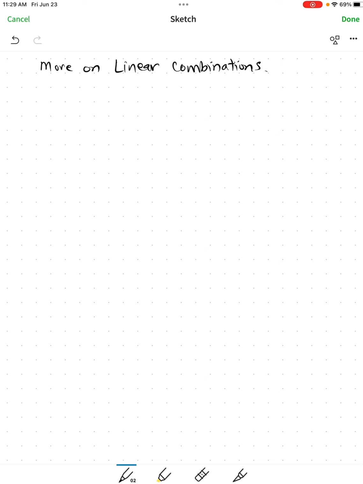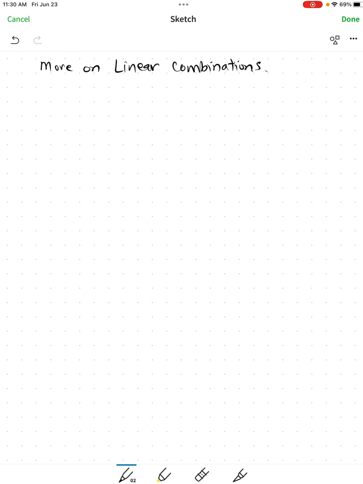It's a vector, say w, that is of the form c1 v1 plus c2 v2 plus dot dot dot plus ck vk. Right, that's the definition of a linear combination of the vectors v1 through vk.